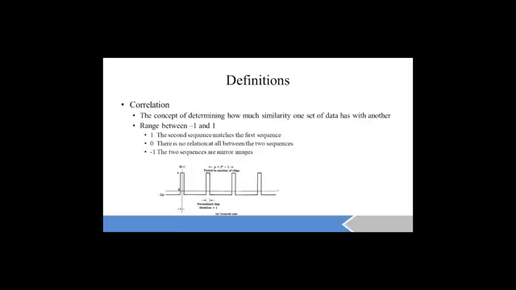In essence, correlation is a concept of determining how much similarity one set of data has with another.